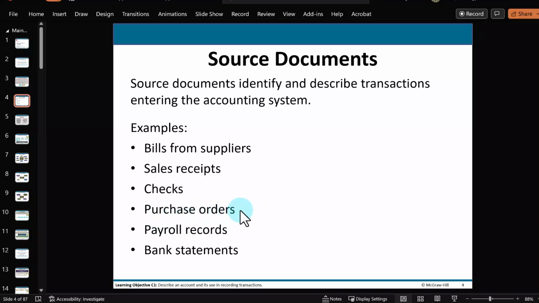POs or purchase orders. Here's something maybe you can appreciate as an employee: receiving your pay, your take-home pay being direct deposited into your bank account. But if you take the viewpoint of the employer, the business itself, there's more records involved than that.